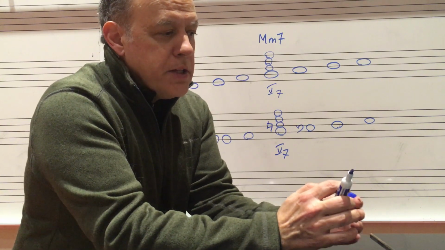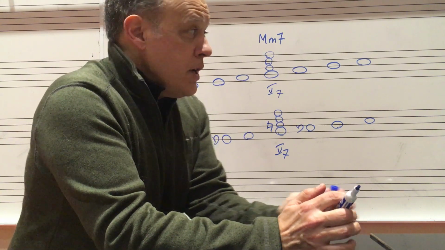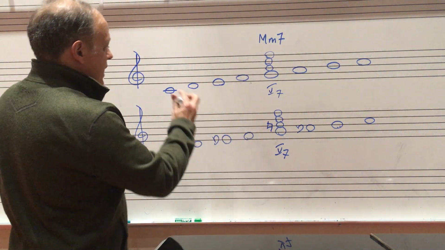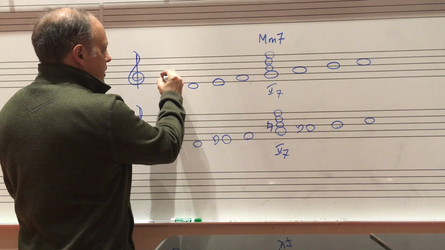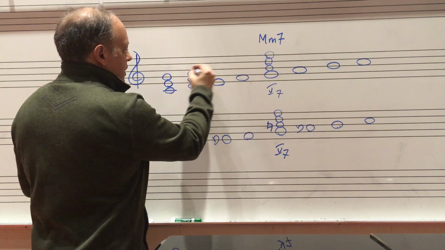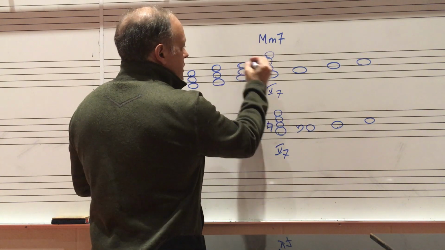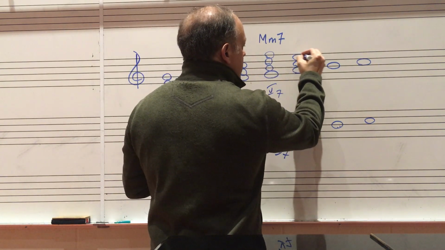Now, one thing that I can do, which is a familiar practice for us from before, is just build up triads by stacking thirds. So originally what we did when we were learning about triads was doing exactly that. And we quickly discovered that there were some basic patterns in place.